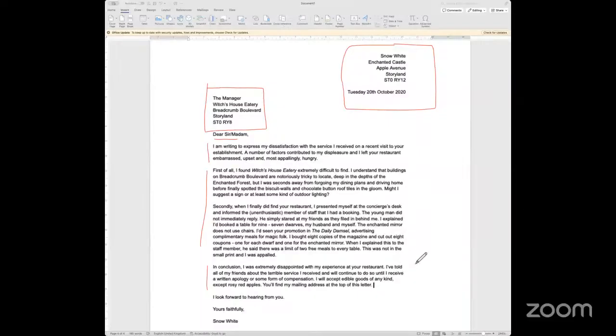You're summarizing it towards the end. You always end with yours faithfully or yours sincerely, and then you write your first and last name. You don't write your phone number or your email, because all these details are given up here on the right-hand side for the person to correspond.